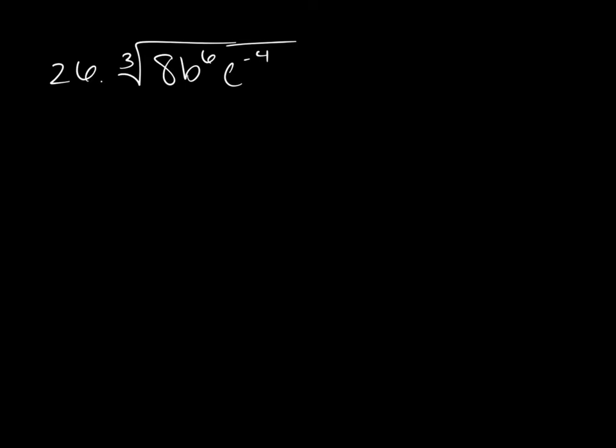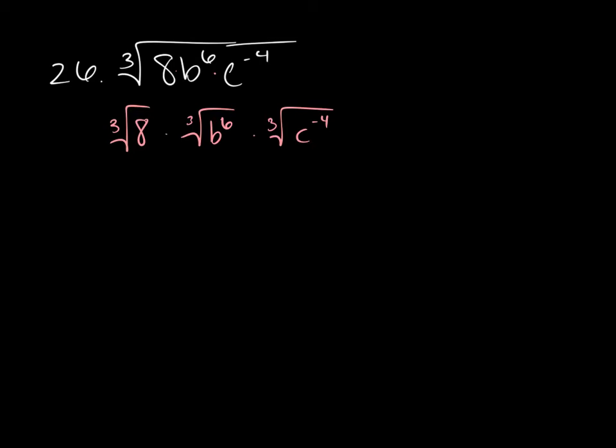For 26, we've got the cube root of 8 times b to the 6 times c to the negative 4. Now, because these are all being multiplied together, we can actually break them apart into 3 separate radicals. We've got the cube root of 8 times the cube root of b to the 6th times the cube root of c to the negative 4.